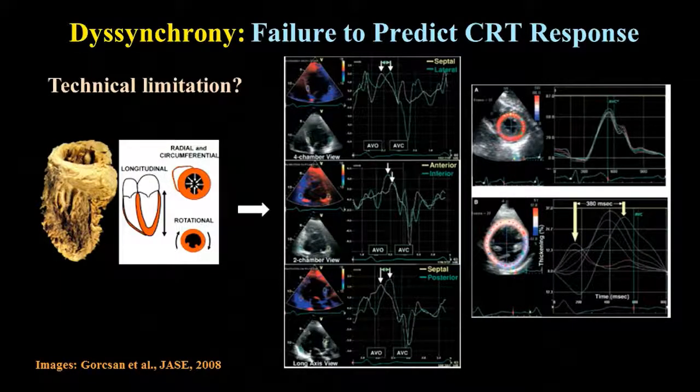Is there a technical limitation? On the left is a diagram of the myocardial orientation of the heart. As you can see, there are 3 ways the muscles are oriented: longitudinal fibers, circumferential fibers, and rotational fibers. The way we assess dyssynchrony on echo is 2-dimensional, either longitudinal assessment with longitudinal strain or speckle tracking, or a circumferential assessment.